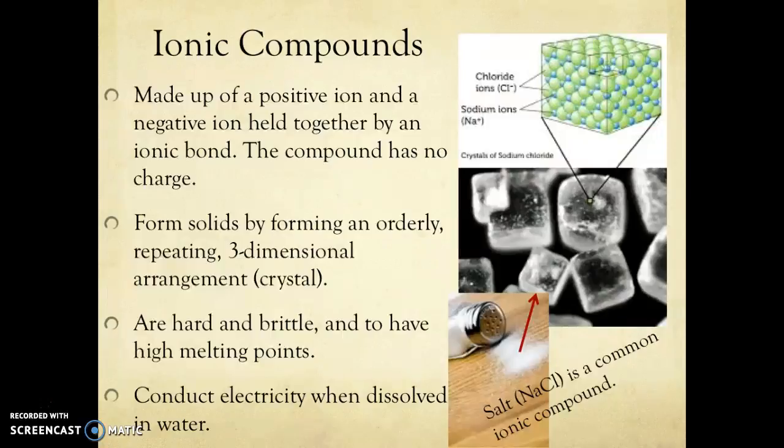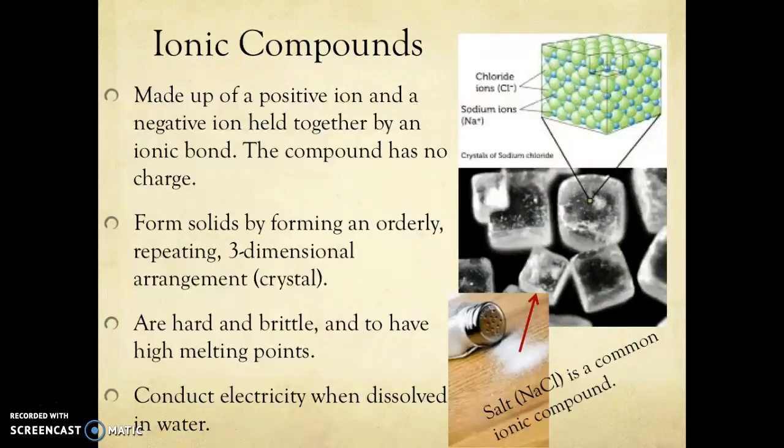So ionic compounds form what we call crystals. And a crystal is basically a solid that has a very orderly, repeating 3D arrangement. So the picture up in the corner of the screen is basically what a whole bunch of salt molecules all together look like. Sodium chloride is what salt is, and it is an example of an ionic compound.